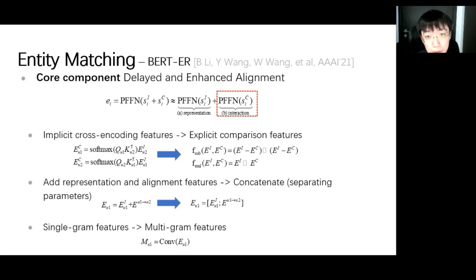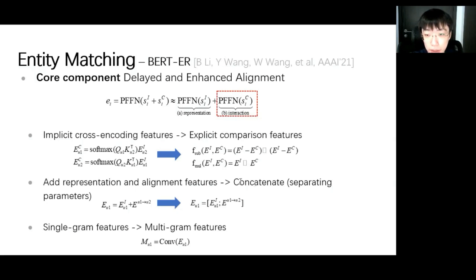The core component is the delayed and enhanced alignment. Firstly, we found that the representation of BERT can be decomposed into two parts: the first is representation, and the second is interaction. We wish to keep the representation part, but delay the interaction part to the comparison module. The interaction can also be enhanced in three aspects. First, we can use some explicit comparison features.